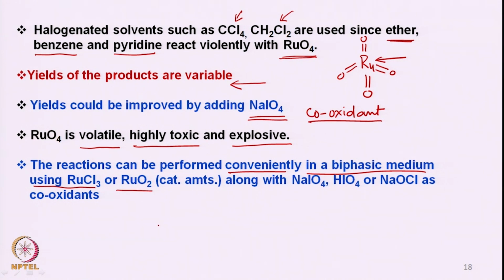Since ruthenium tetroxide is an expensive reagent, people have tried other ruthenium sources such as ruthenium trichloride or ruthenium dioxide in catalytic amounts along with co-oxidants such as sodium metaperiodate, periodic acid or sodium hypochlorite.